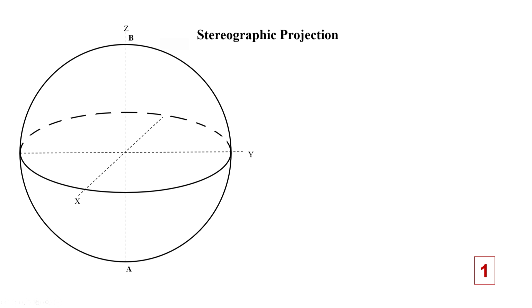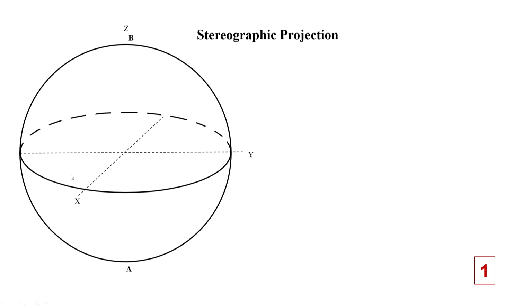So, here I have the surface of a sphere, and let me put a coordinate system. This circle in the center bisects this sphere into two halves. You can call this an equatorial circle as well. It forms the equator of this sphere.